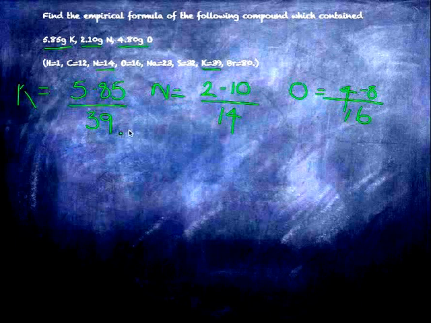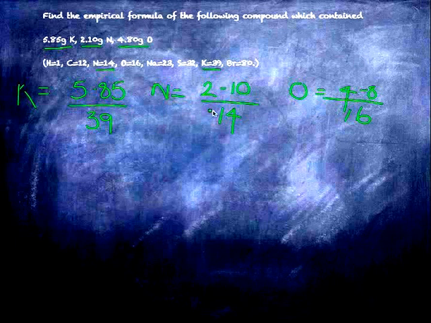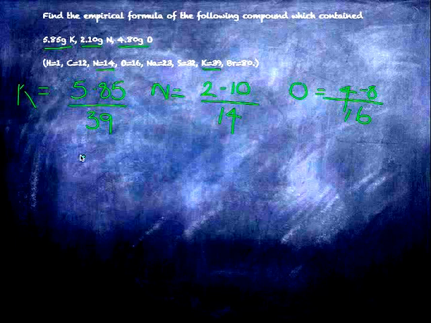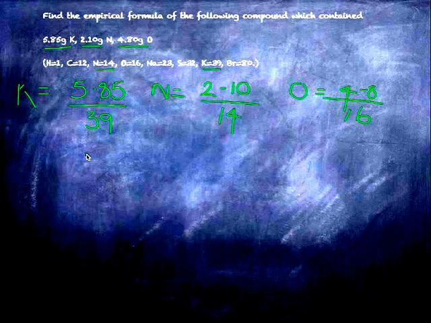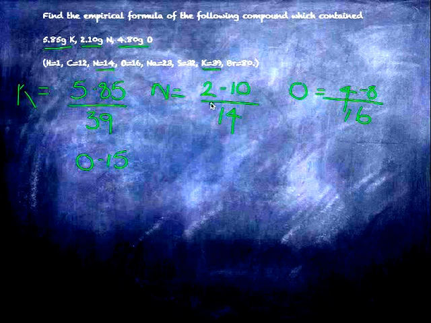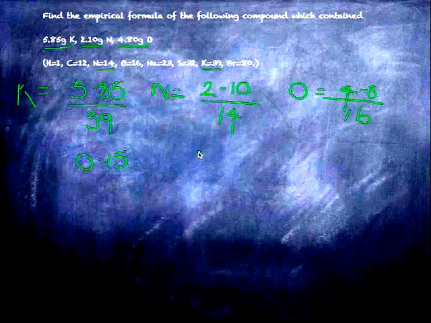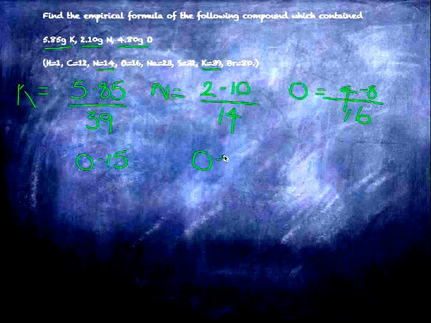So we work out what the ratio of moles for each of these elements is for this particular compound. Turns out that when we divide 5.85 by 39, we get 0.15. Do the same for the nitrogen, 2.10 divided by 14. It works out at 0.15.